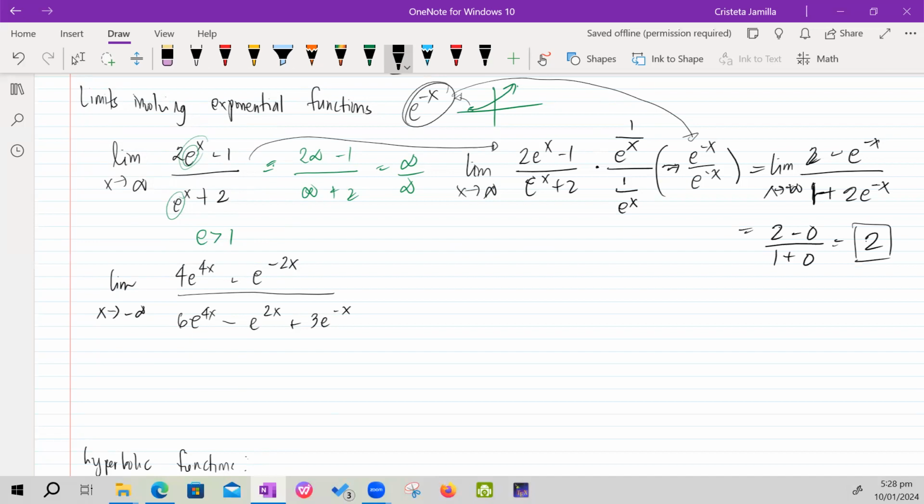Now, for the second case, as x goes to negative infinity, again notice that the base of our functions here is e. e is greater than 1.